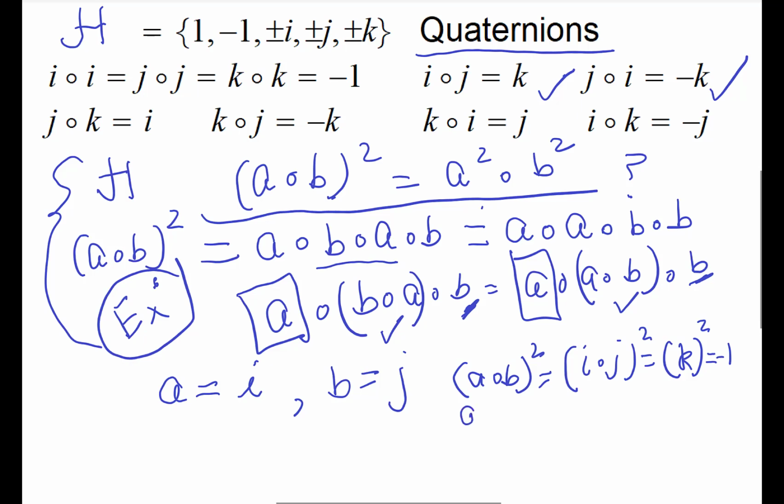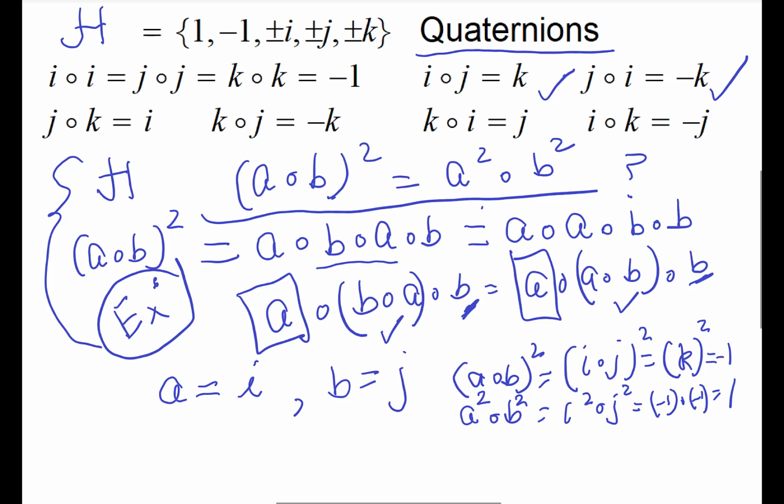And if we write A square ∘ B square, then that's going to be i square combined with j square, and that will become what? -1 times -1.